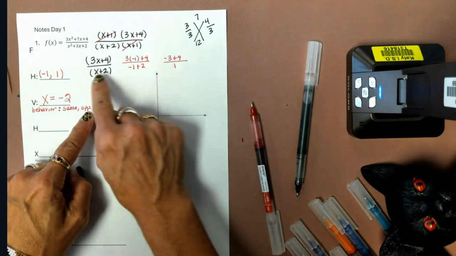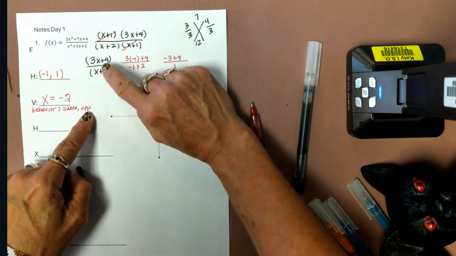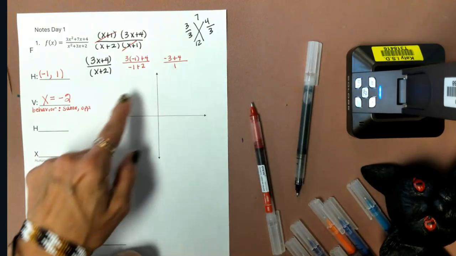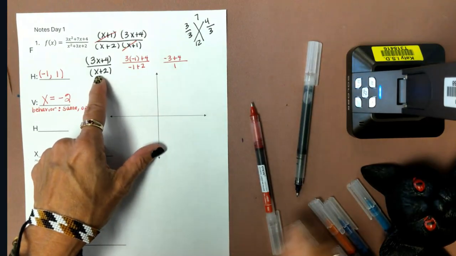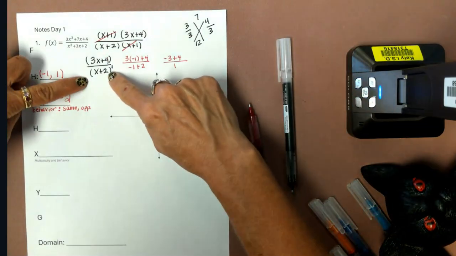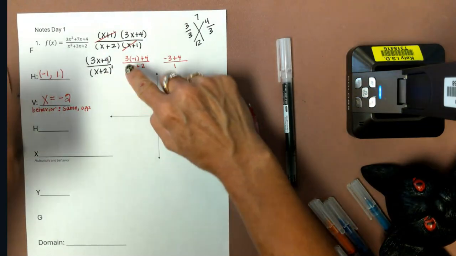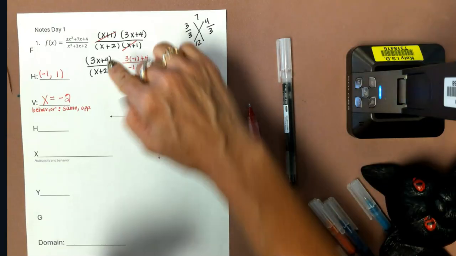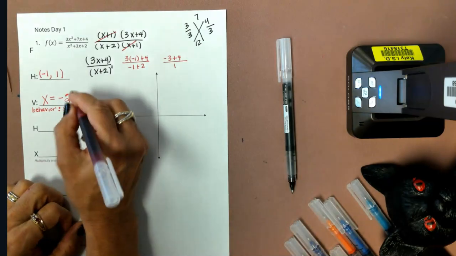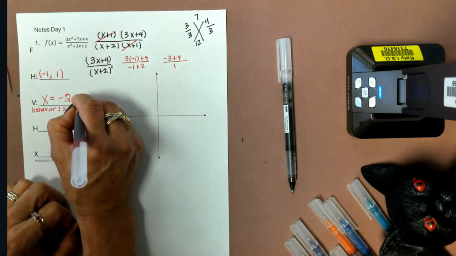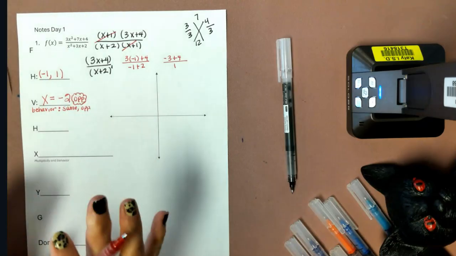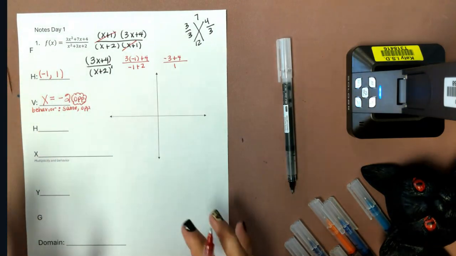If I look at just this little expression down here where I found the restriction, notice that this exponent is understood to be a 1. So this piece, just the denominator, has an exponent of 1. 1 is odd, so this vertical asymptote is going to have opposite behavior. I'm always going to make a note of that because when I go to graph it, I don't have to search through my work.